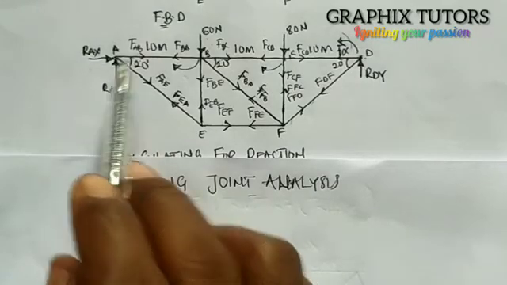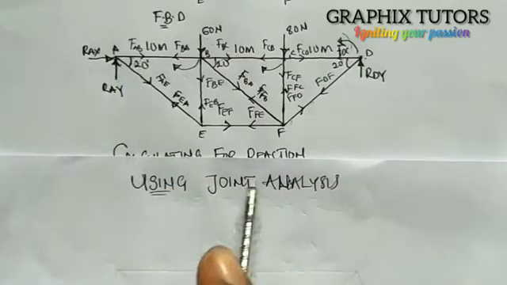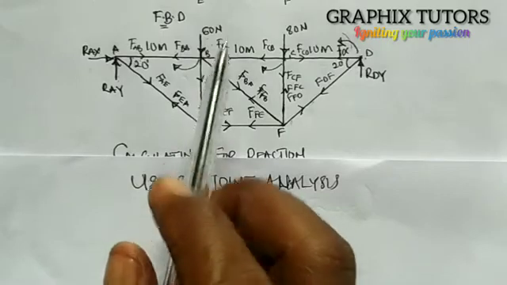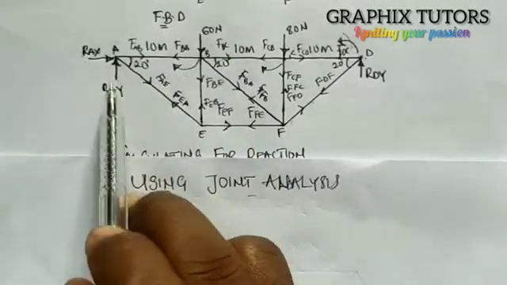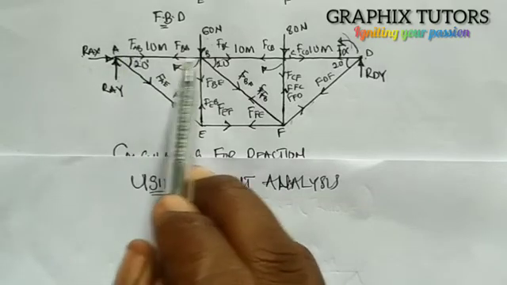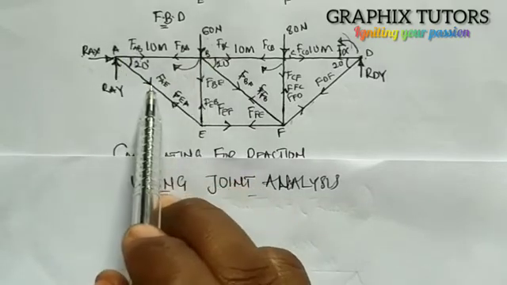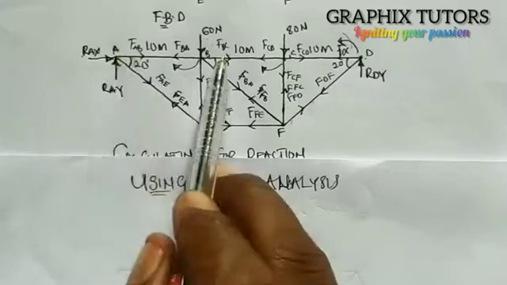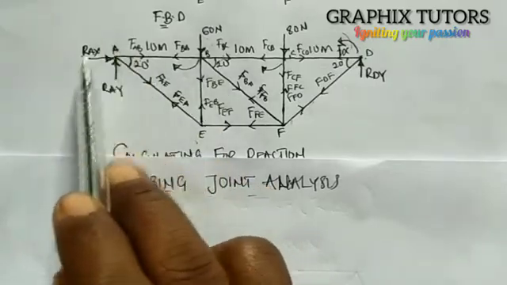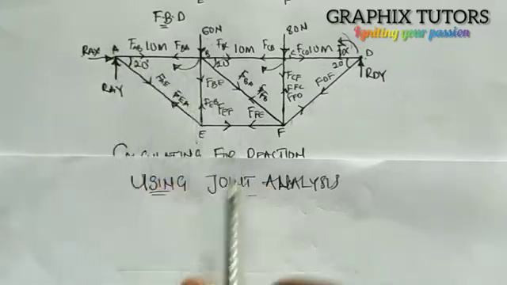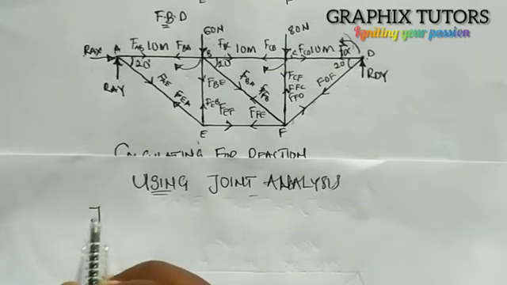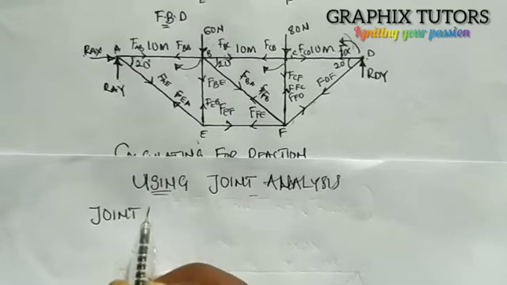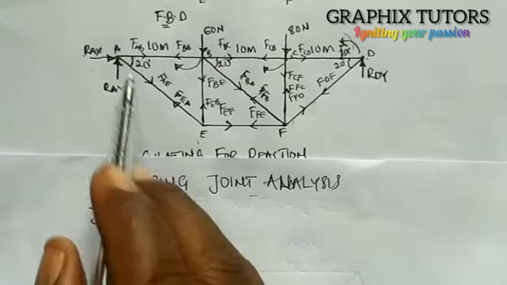So which joint would I consider first? The joint that has at most two unknowns. So I know RAX, I know RAY, but I don't know FAB, and I don't know FAE. So I can consider this. If I move there, I'll say for joint A, we want joint A, right? So I'm going to draw what I have here.